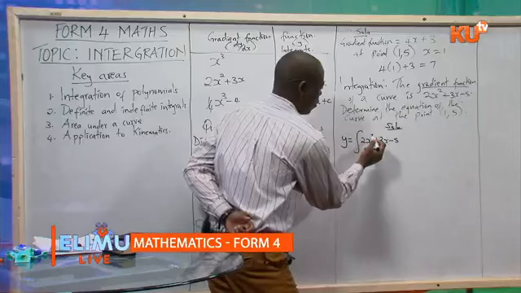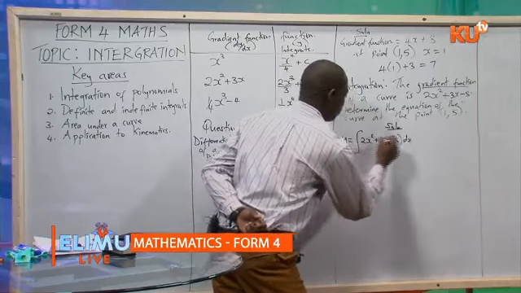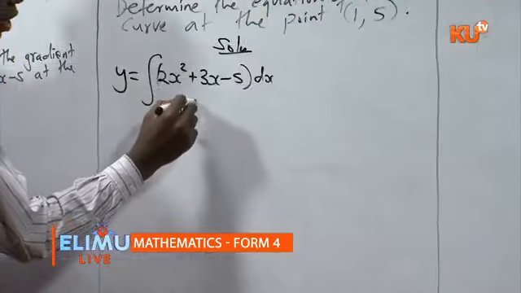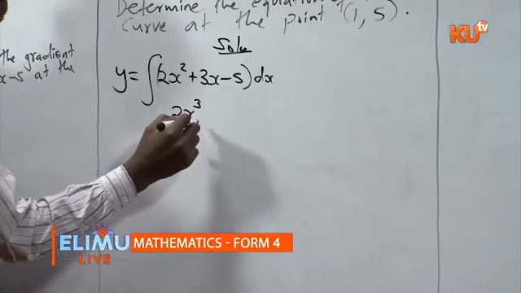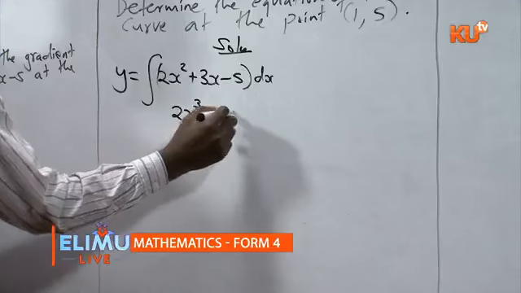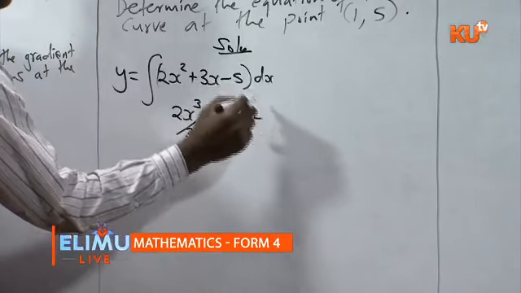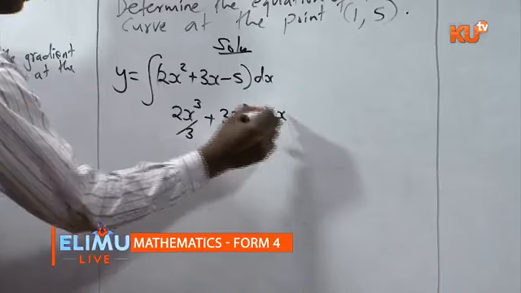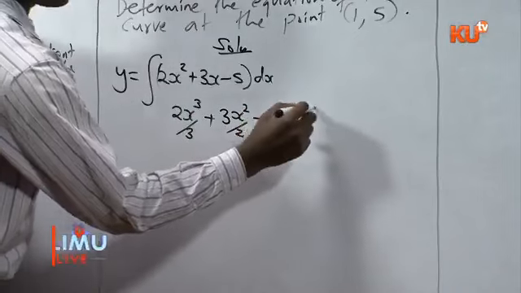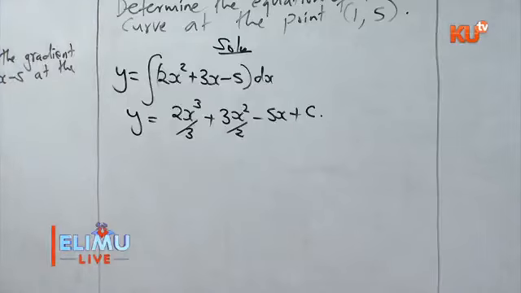Let's integrate. We add 1 to the power. We have 2x cubed over 3 plus, at this point we have 1, so we have now 3x squared over 2 minus 5x, then plus a constant c. So this becomes our function for y.